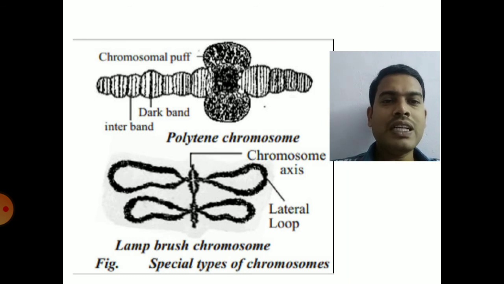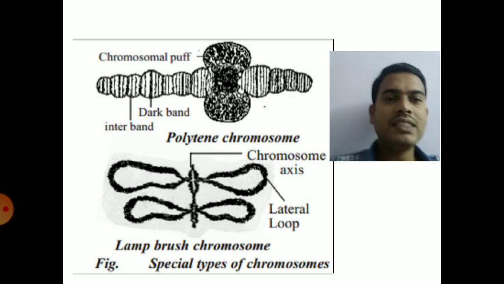While coming to specialized chromosomes, polytene chromosomes and lampbrush chromosomes are consequences of repeated DNA amplification without chromosomal division.